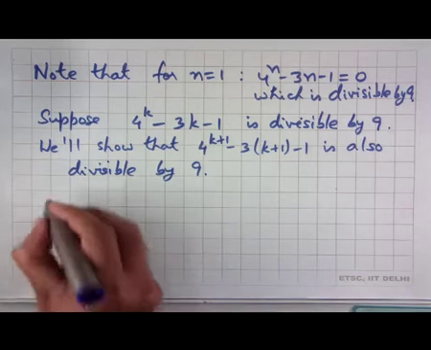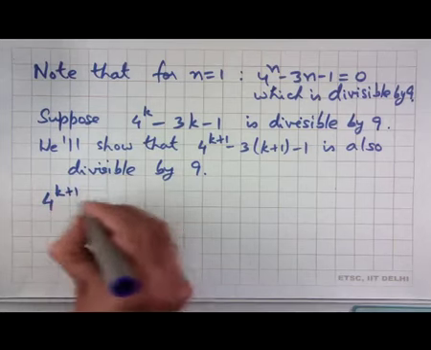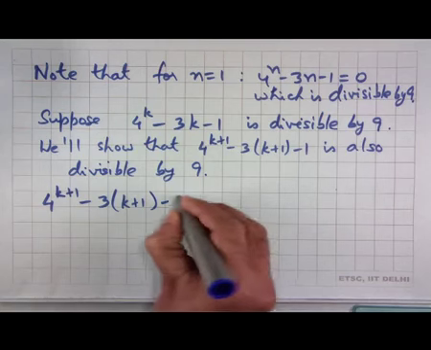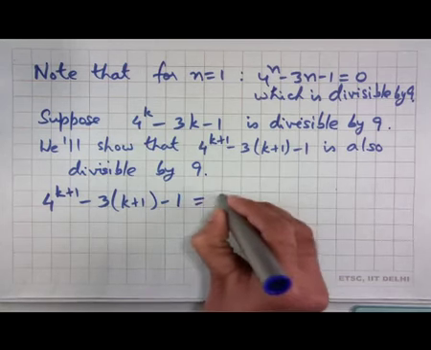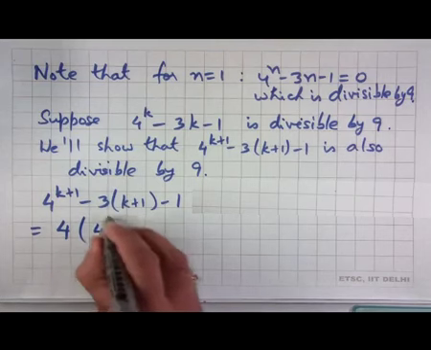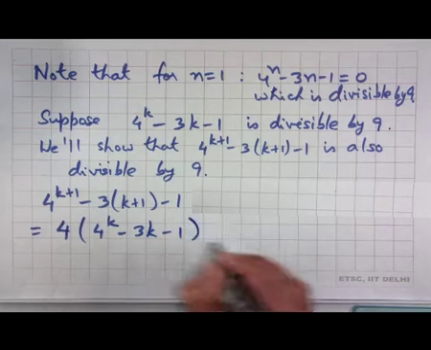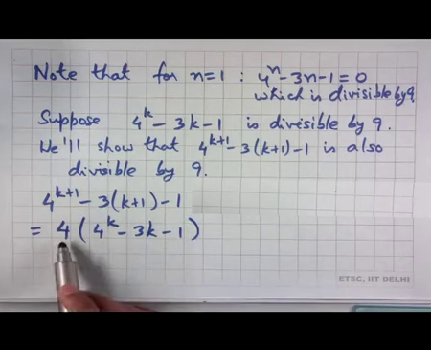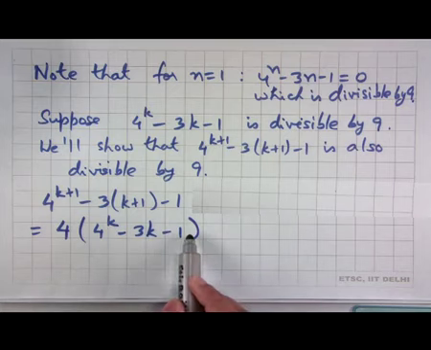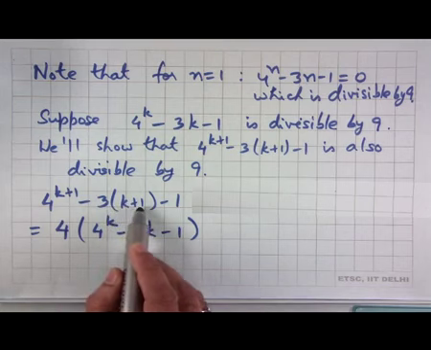So, why is this? Let us write 4 to the k plus 1 minus 3(k plus 1) minus 1. We can write this as 4 times (4 to the k minus 3k minus 1). So, this gives me 4 to the k plus 1 minus 12k minus 4, but here I have 4 to the k plus 1 minus 3k minus 4.